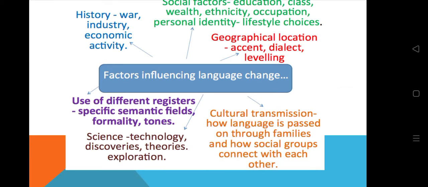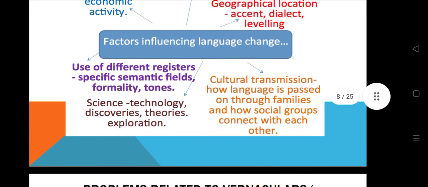And geographical influence includes geographical locations, accent, dialects, leveling, and use of different registers. Register is a specific type of language or dialect, you can say, so specific semantic fields, formality, and tones. And so these are responsible for language change in the 16th century.